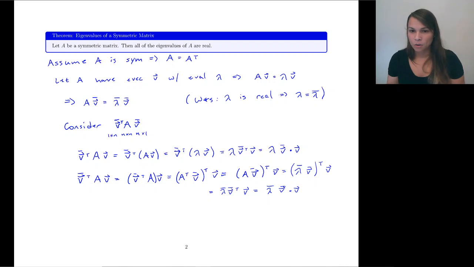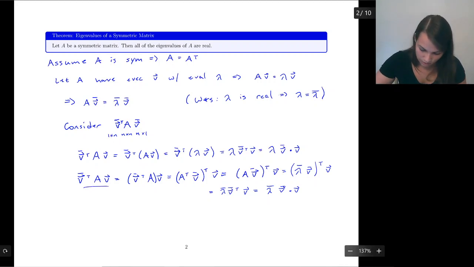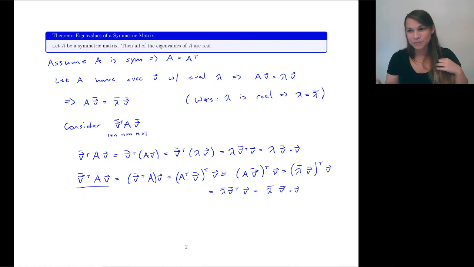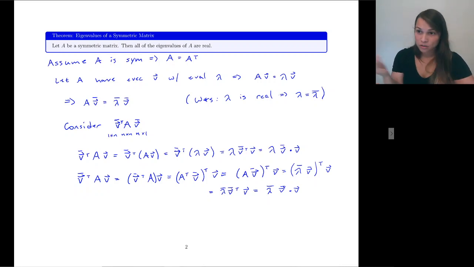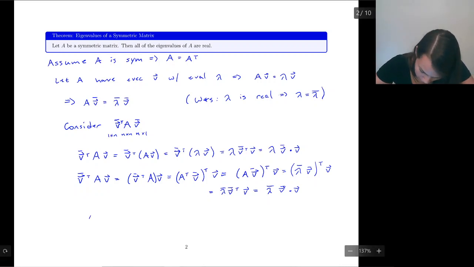So now we took the complex conjugate transpose times A times V, and we got two different results, which means those two results have to be equal to each other. So lambda V conjugate dot V has to be equal to this.